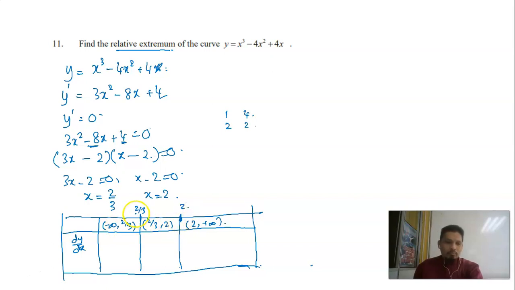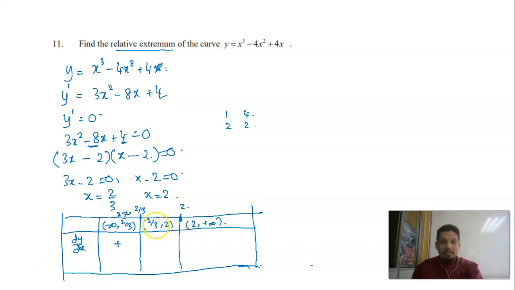So just think of any value that is less than 2 over 3, say 0. Okay, so substitute x equal to 0 into y prime or dy/dx. So we get 4, positive 4 here, and it is positive.